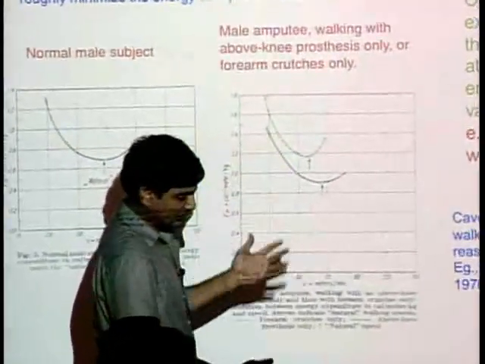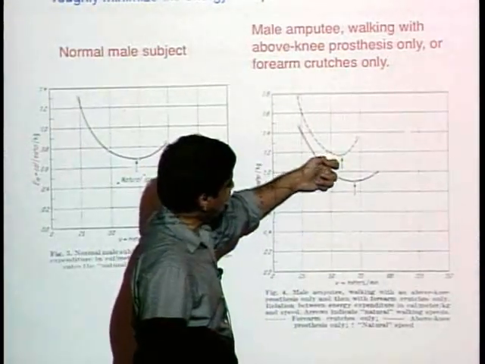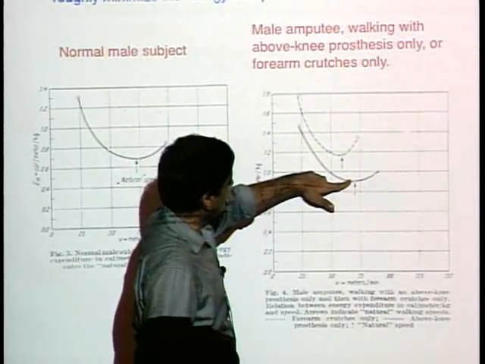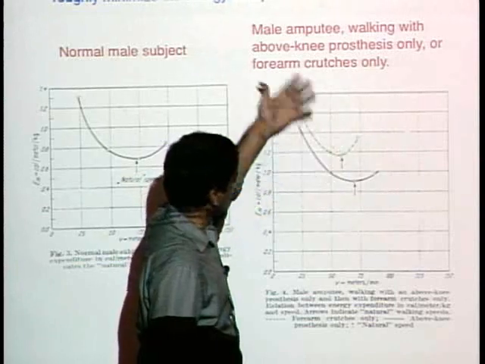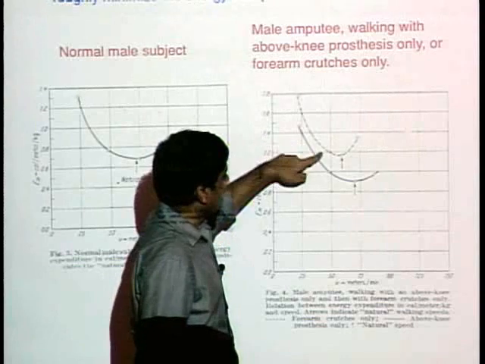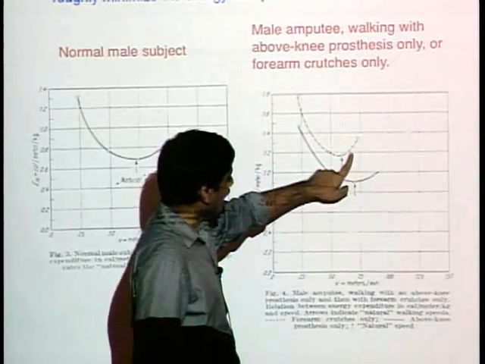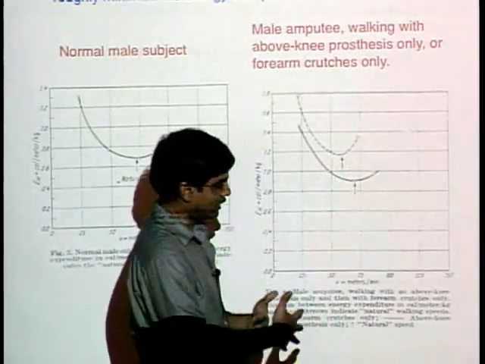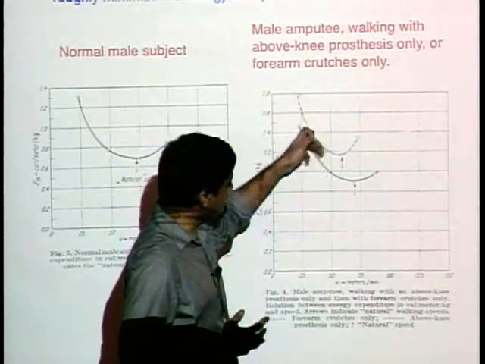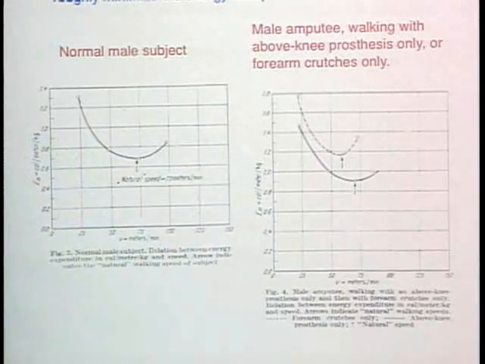And when he asked them to walk naturally, he found that the speed at which they preferred to walk lined up roughly with the minima of these curves as well. And you might argue, as he argued, that the reason why an amputee perhaps walks slower than normal humans do is not just because his or her speed might be constrained by the disability, but because the lower speed is actually the thing that minimizes the energy cost per unit distance. It's a slightly different hypothesis.